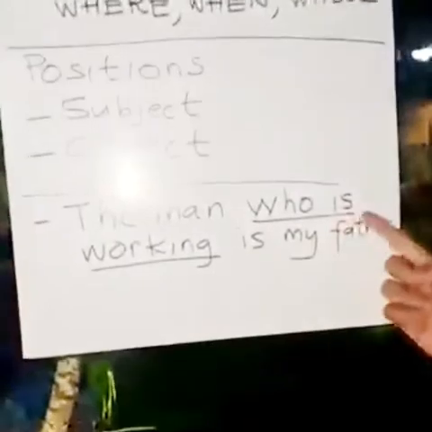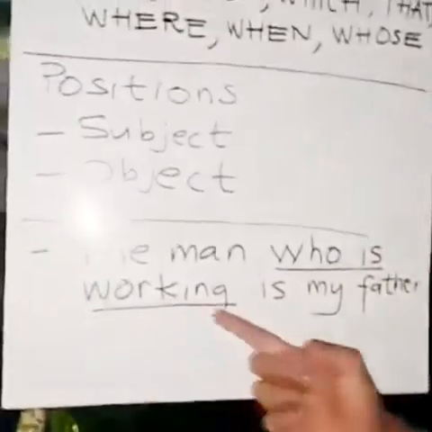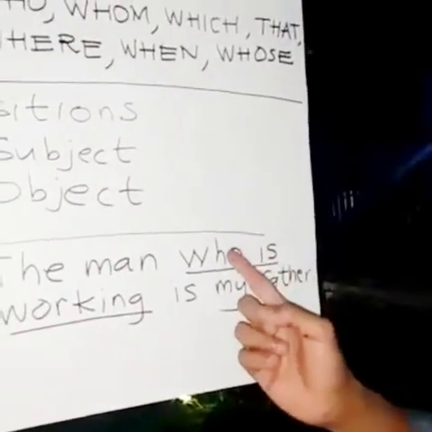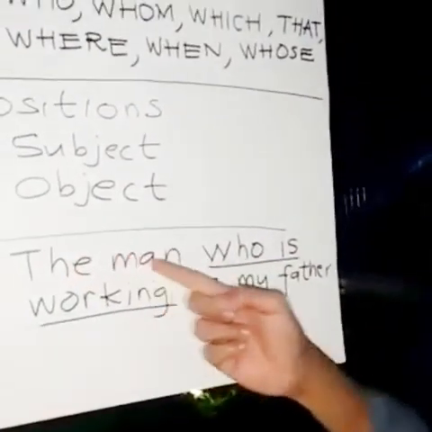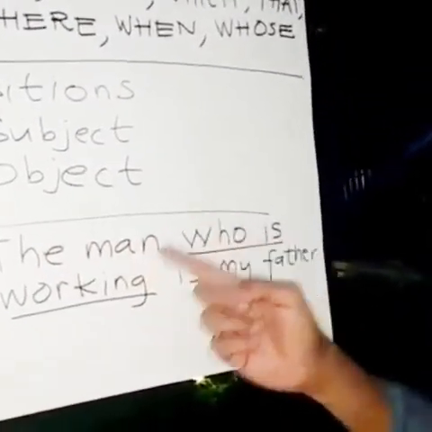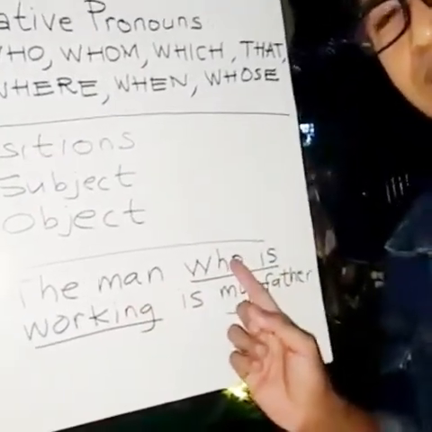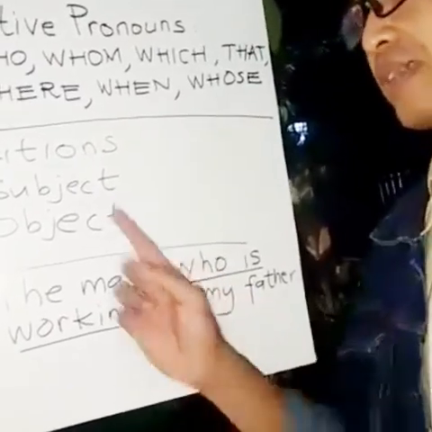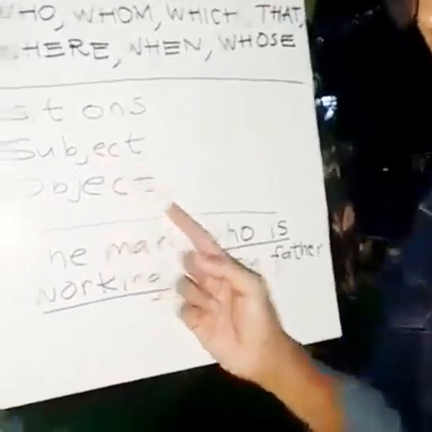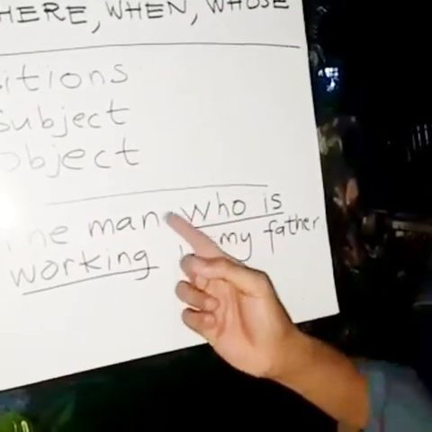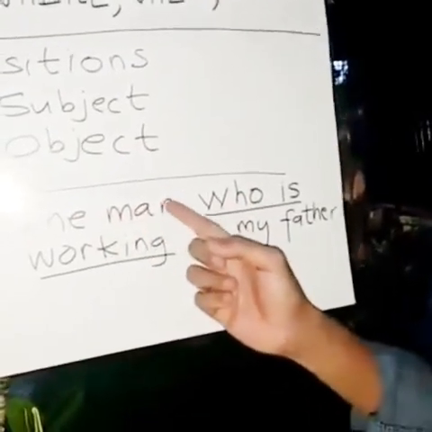Here, the underlined sentence is the adjective clause to modify the subject, the man. That's why the adjective clause here serves as subject, because it is used for modifying the subject, the man.